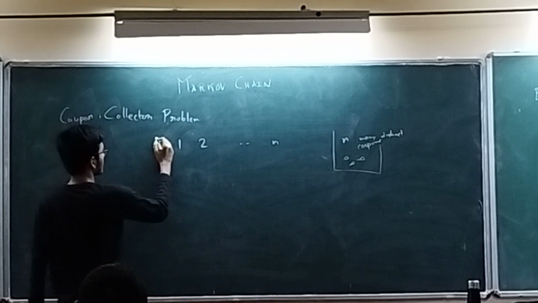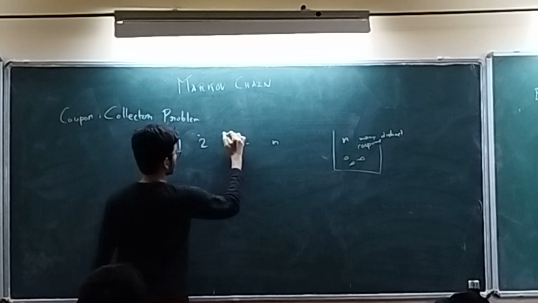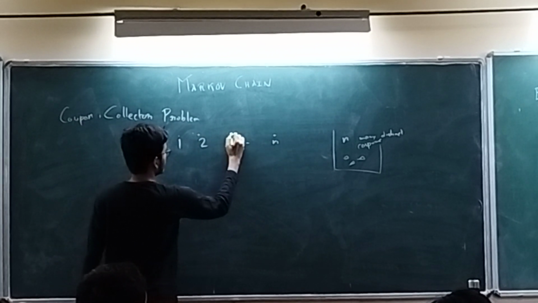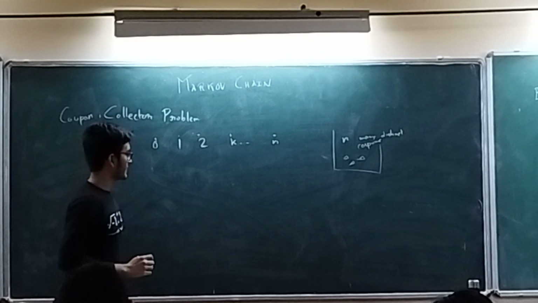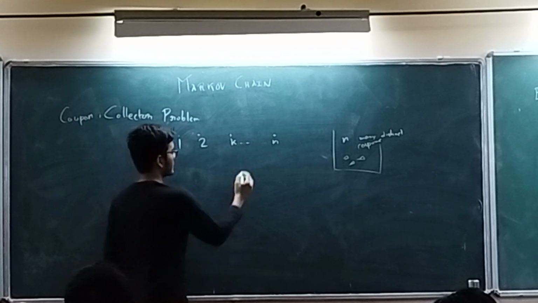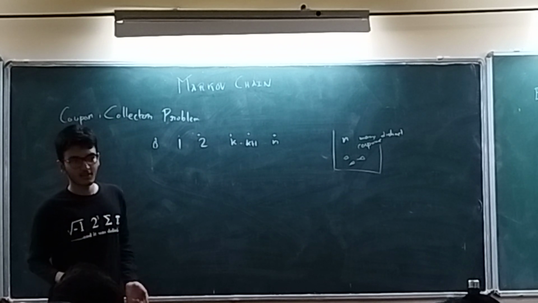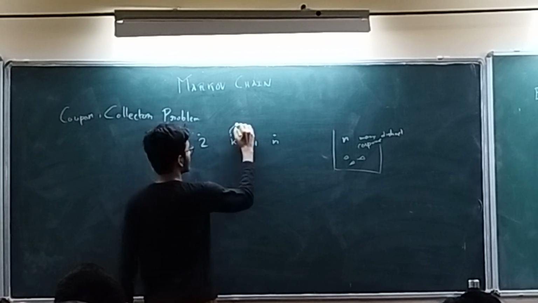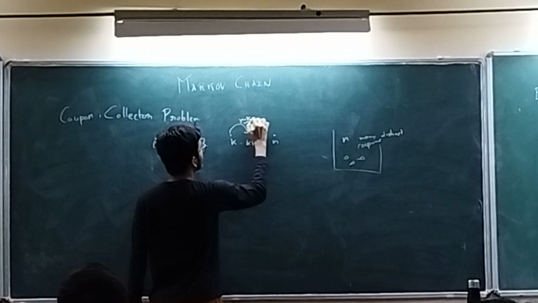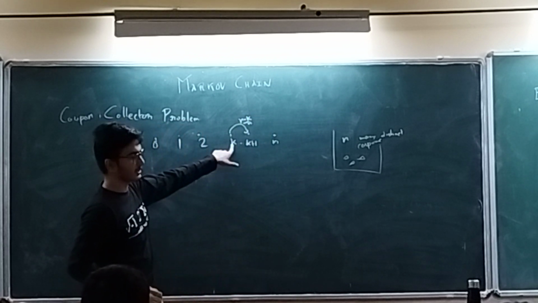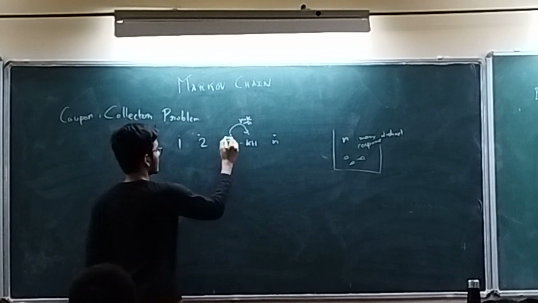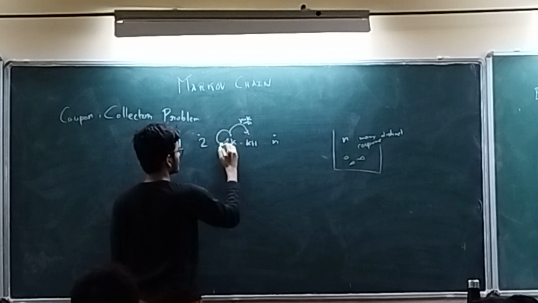But before that, let us look at the transition probability. Let's say he is at k. What is the probability that he will move to k plus 1? It is (n minus k)/n, because he needs a coupon that he has not collected, and there are n minus k of those. Or he can stay at k.